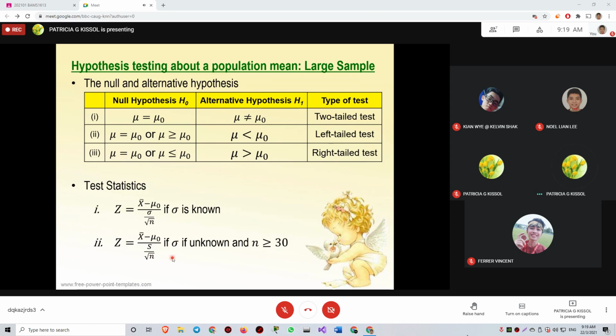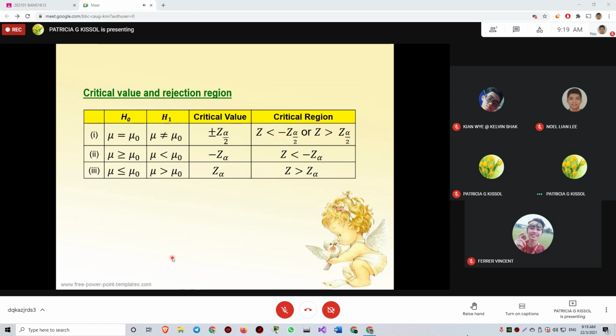Okay, so once you have made that decision, depending on number 1, whereby we use the two tail, or number 2, one tail, which is on the left, or number 3, another one tail, which is on the right, therefore we decide what the critical value is.